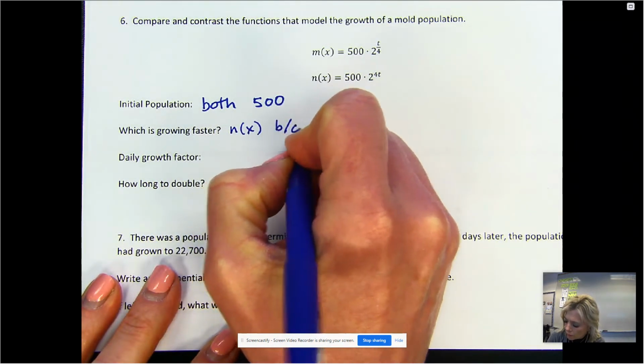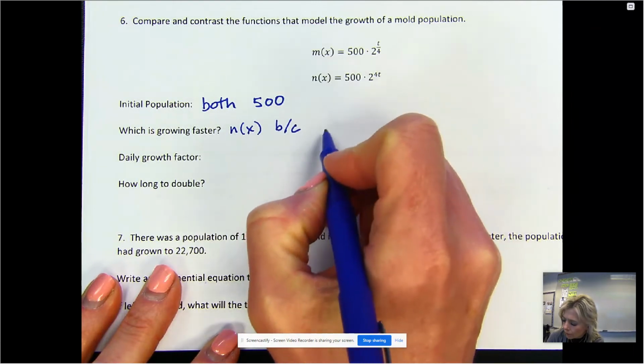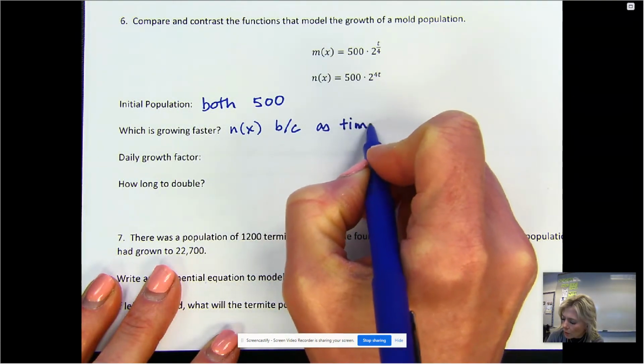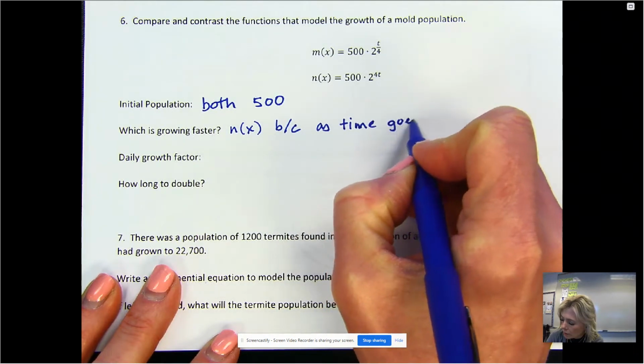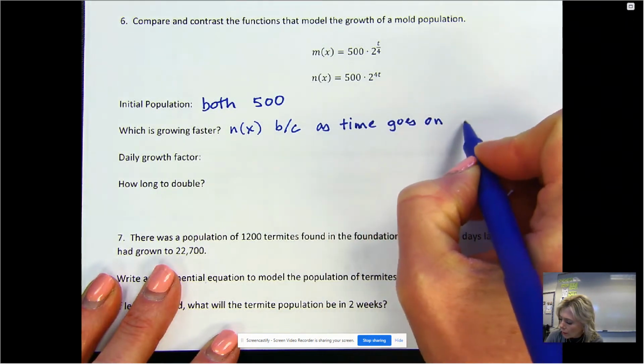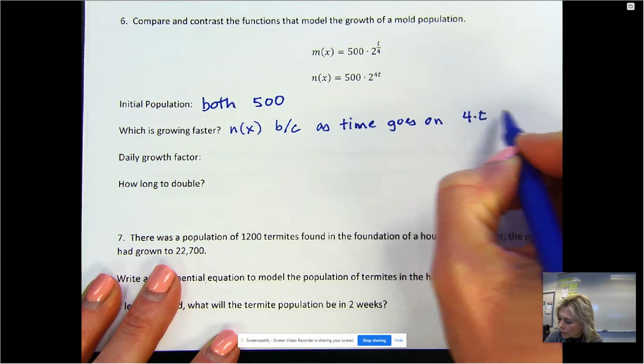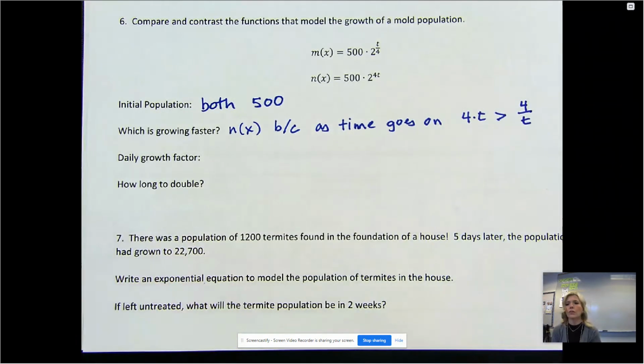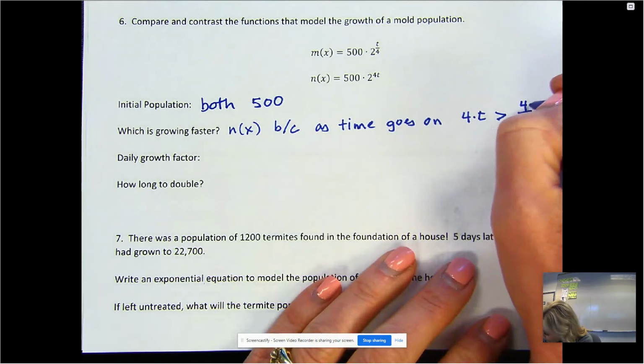Because as time goes on, 4 times t is more than t divided by 4. So for larger and larger values of t, when you multiply by 4, you're going to have more than when dividing by 4.